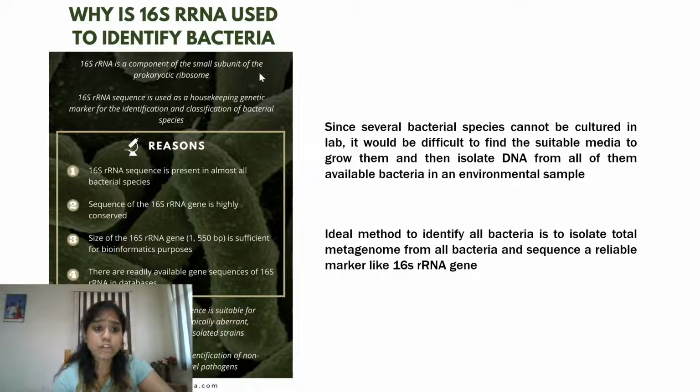This is a component of the small subunit of the prokaryotic ribosome, and this sequence is often used as a housekeeping genetic marker. So what's a housekeeping gene? A housekeeping gene is a gene that is universally present in all the cells of a particular organism and expressed under all conditions.